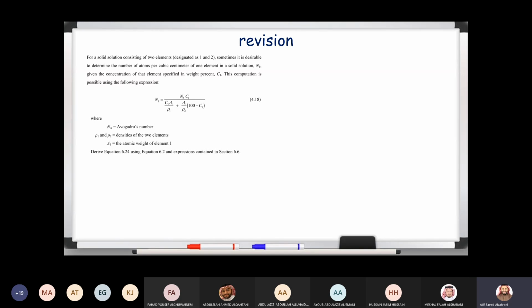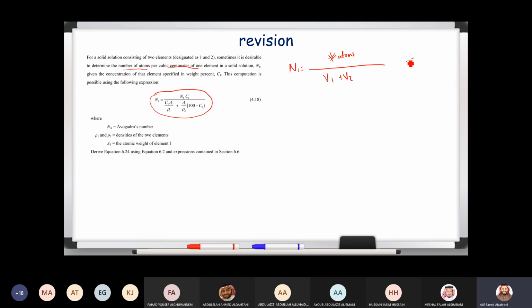Here's an example. He said that he wants you to find or determine or develop an expression like this, which is basically the number of atoms per cubic centimeter of element 1. So he said that N1 is basically the number of atoms by the total volume. So we're talking about V1 plus V2.